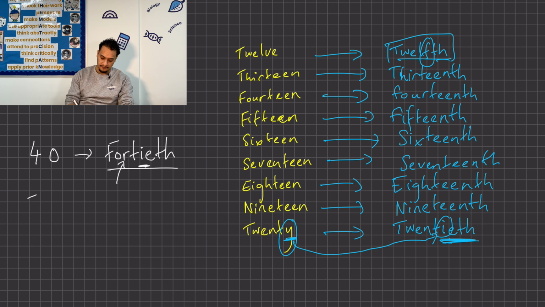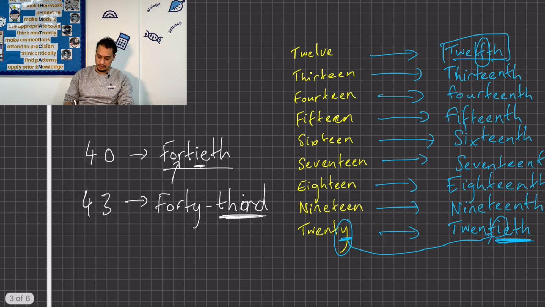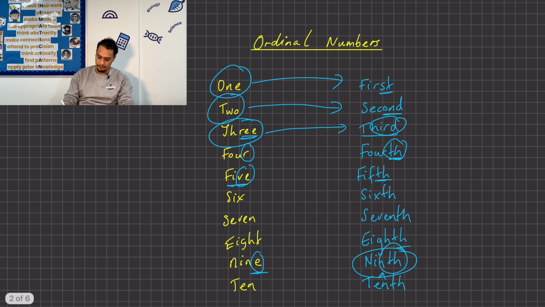If we were to say 43, then it will become 43rd, like that. Now remember, last time we had 3 here and it became third.